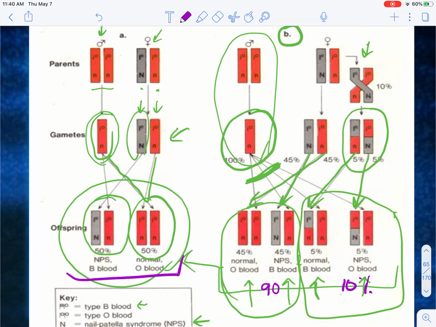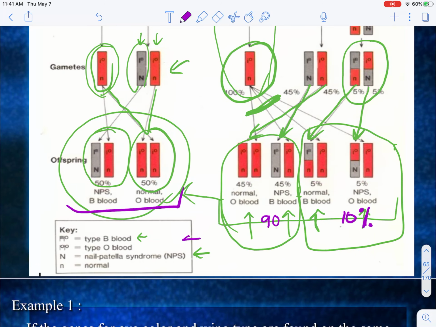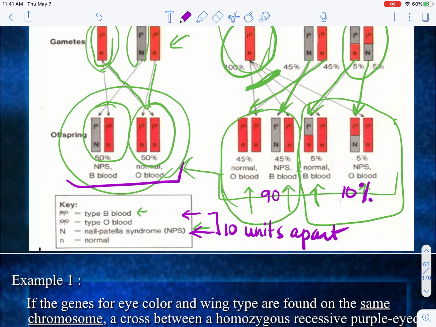The unexpected results are showing us that 10% of the time, because 90% was our expected results, the same as this, but 10% of the time here, 5 and 5 is 10, we got unexpected combinations because of crossing over. Now, because it's 10% of the time, it is simply going to be known that these two genes, the blood type and nail syndrome, are 10 units apart, 10 map units apart on chromosome 2, if this was chromosome 2.